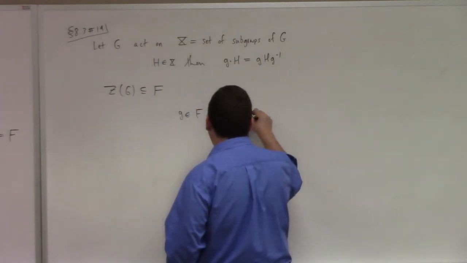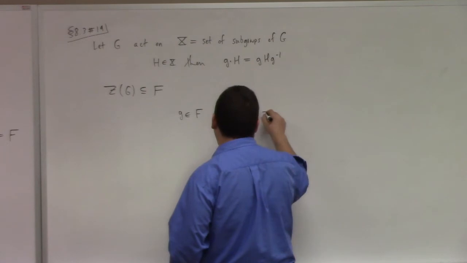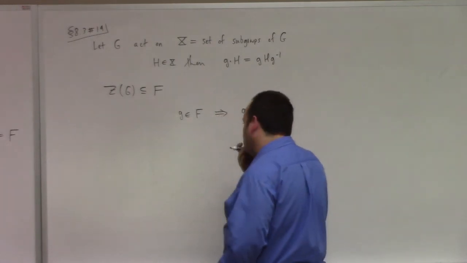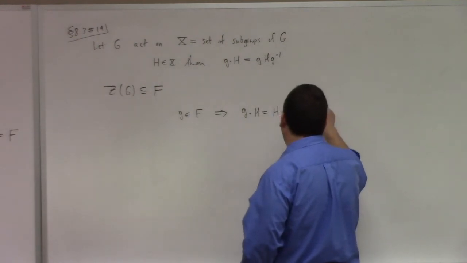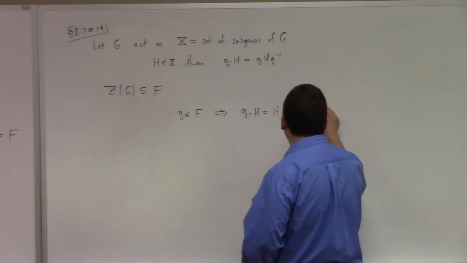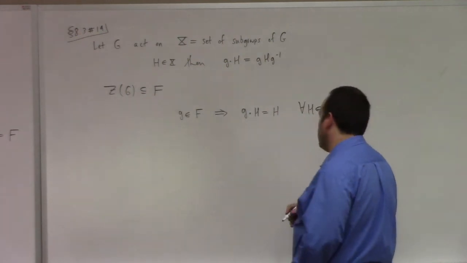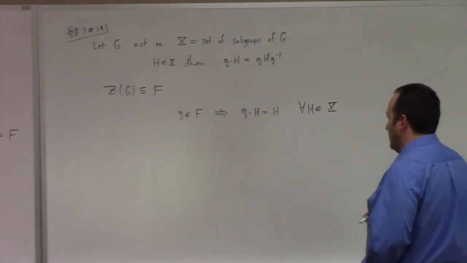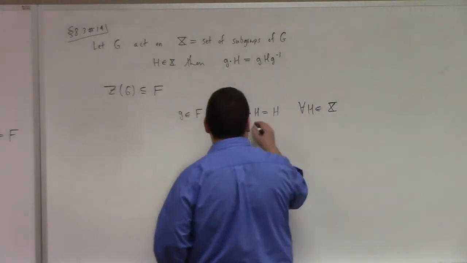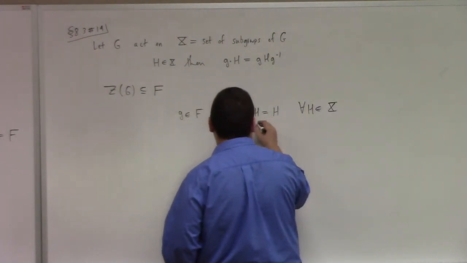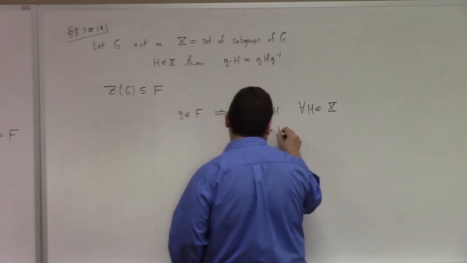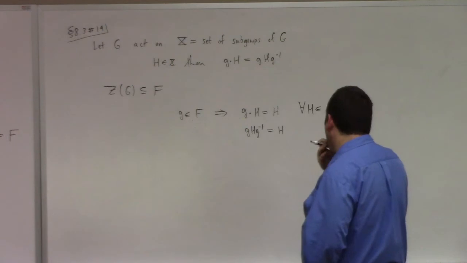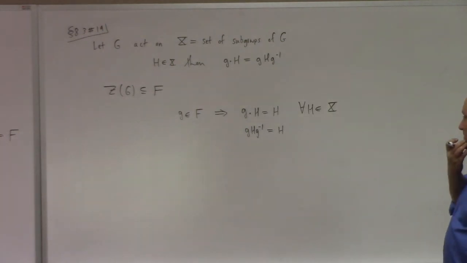Right, so here that's g dot H equals H, right? For all H in X. I'm using H as a generic subgroup because it seems right. Which of course is to say that g H g inverse is equal to H again. Right?